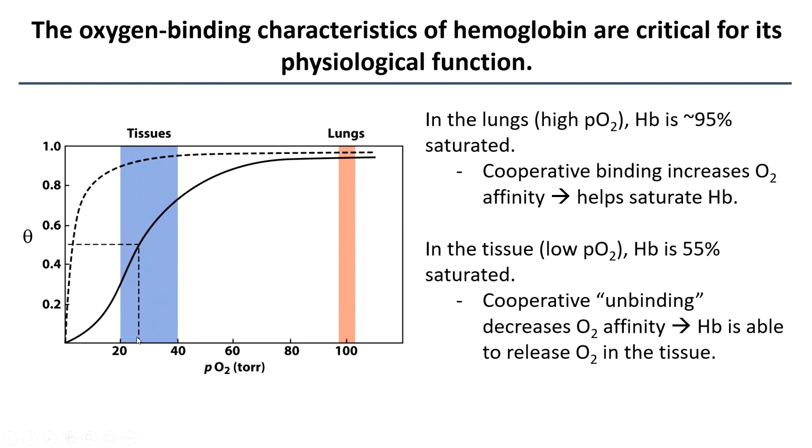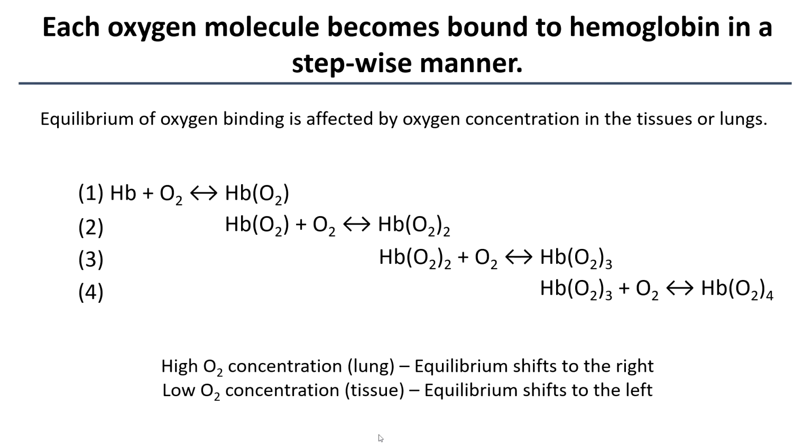And then 2, oxygen concentration in the tissues is fairly low compared to the lungs, and so there's less of a chance for that oxygen to bump into hemoglobin and actually bind to it. And the hemoglobin's in a bad state for binding oxygen.